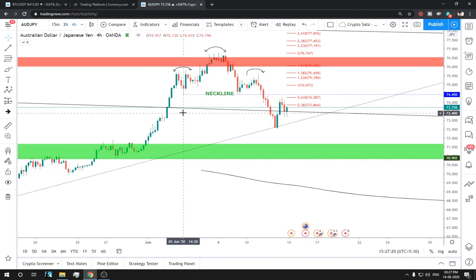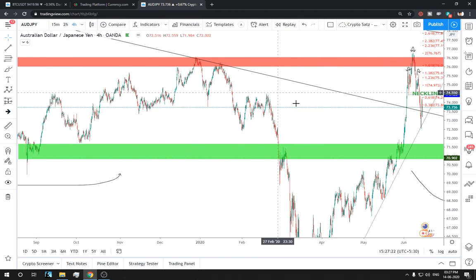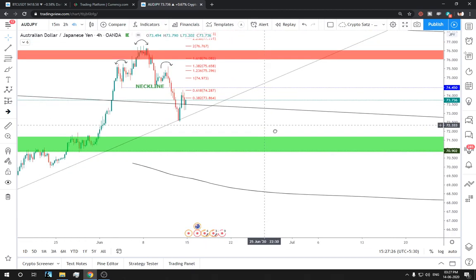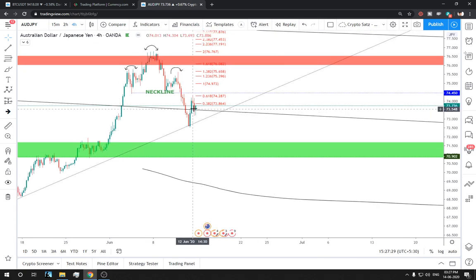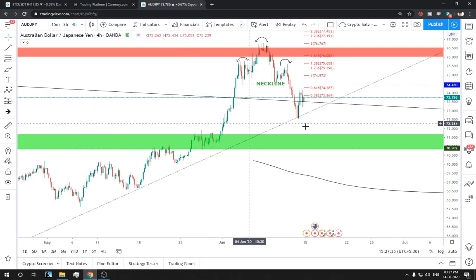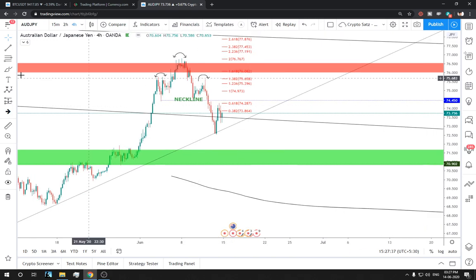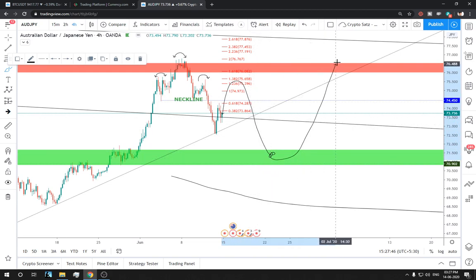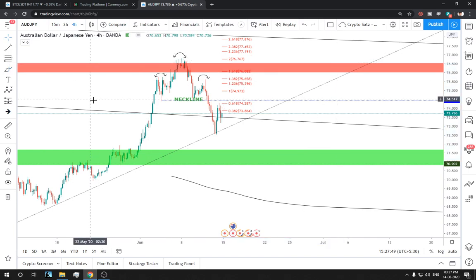We are also on this resistance trend line, which can be a retest, because we bounced off this area, as you can clearly see. So something like this: go retest, then come back, retest this support and go up. This is what I'm looking for in AUDJPY in the coming days.